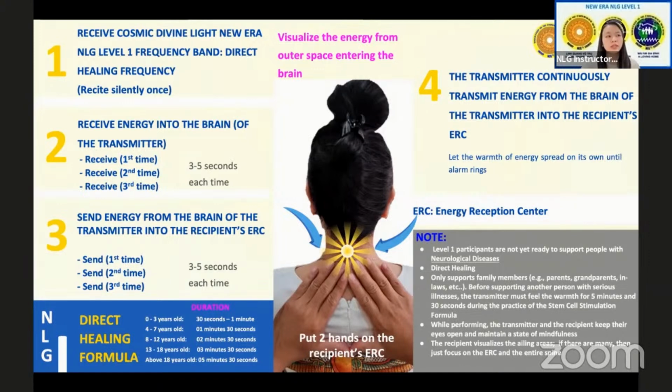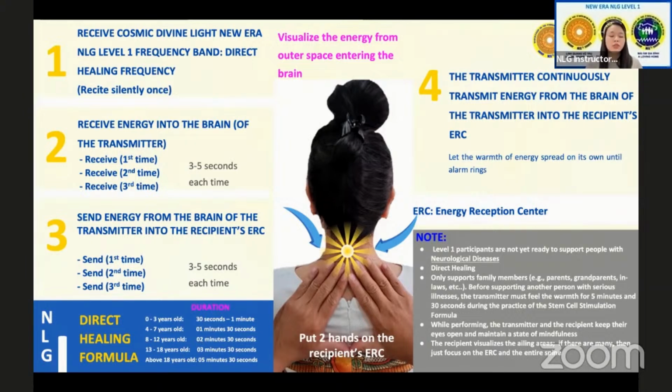And of course, you need to maintain that warmth throughout the practice every time that you practice the stem cell stimulation formula. Now, another way, because I've already mentioned yesterday that some people's sensory system is not very good, and for that reason, they can't really feel that warmth. And so the other element that you can look for is health improvements.